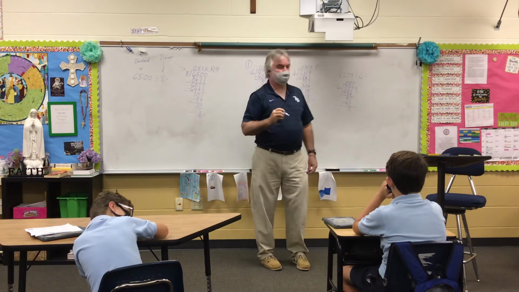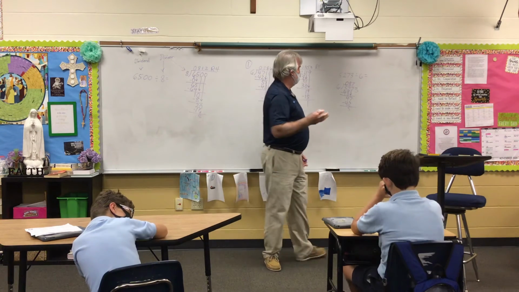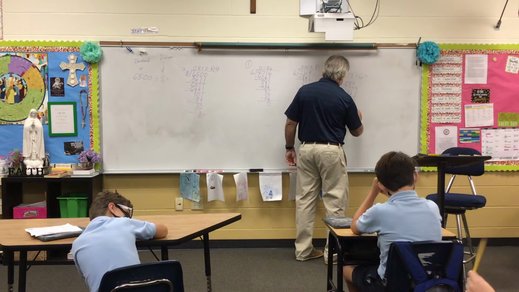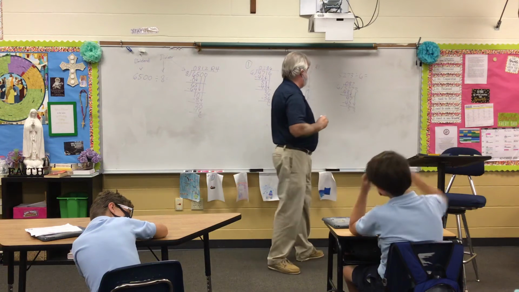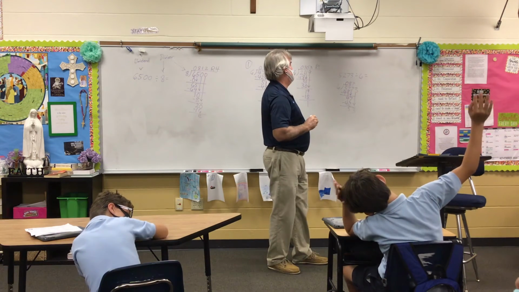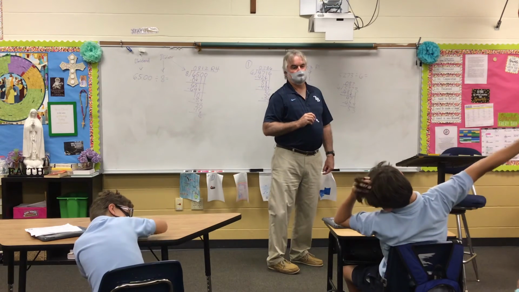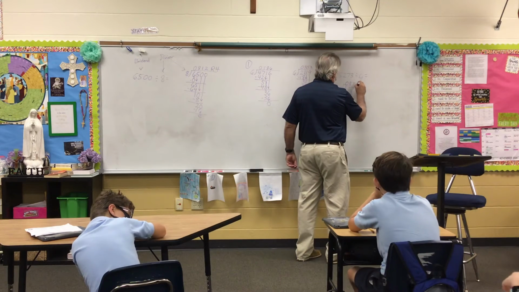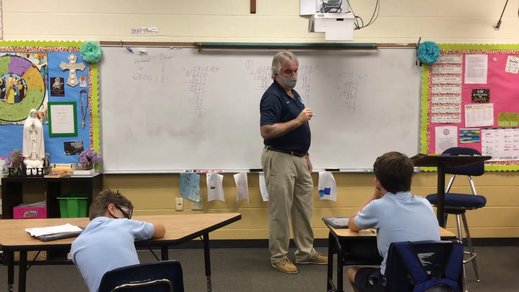Am I done? No. What do I gotta do now, Lauren? Bring down the 3. 6 goes into 53. Josh? 8 times. 8 times 6 is 48. 9 times 6, 54.